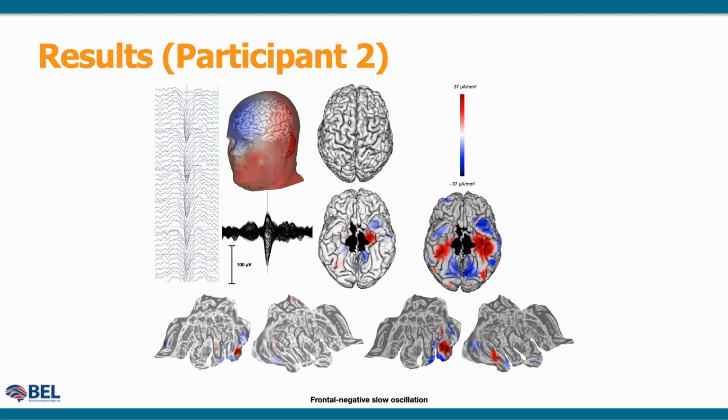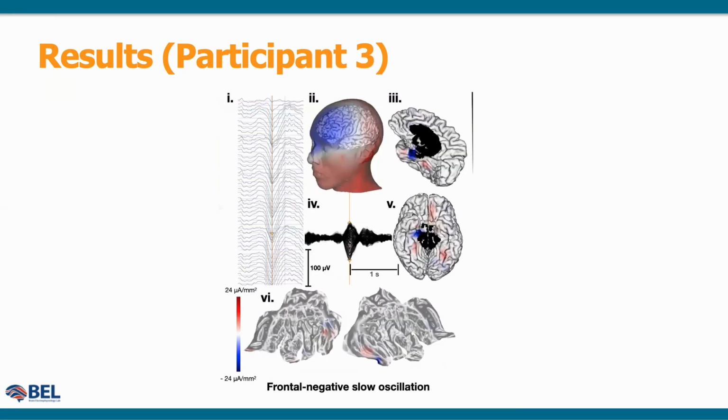You can see the negativity is at the front, and then progressing back towards the head, the inversion line is around the frontal temporal region, and then it becomes positive towards the back and the bottom of the head. If you step through a couple of these participants, you'll see a similar inversion line with a positive voltage potential towards the back of the head.